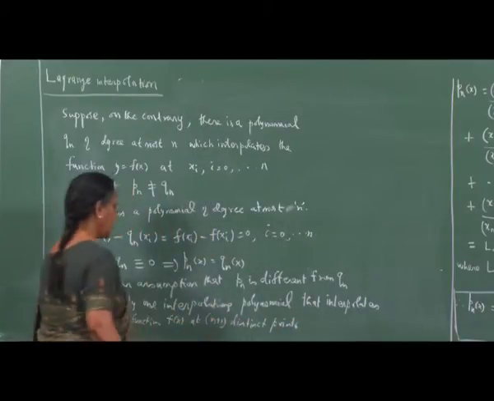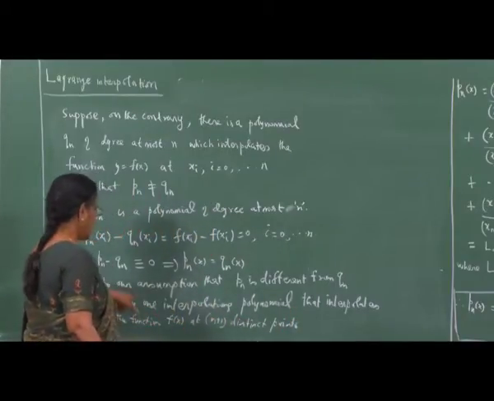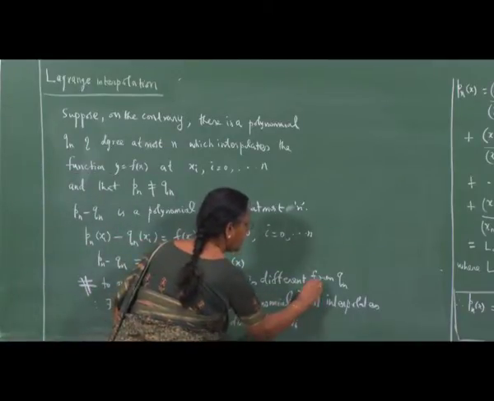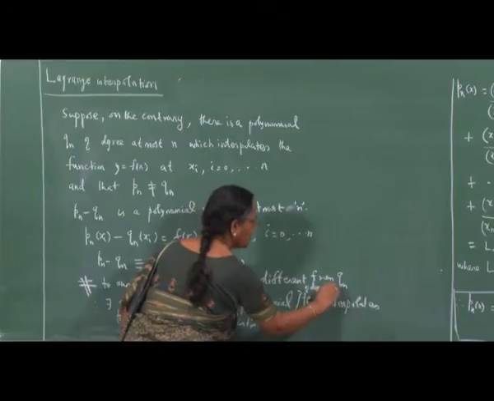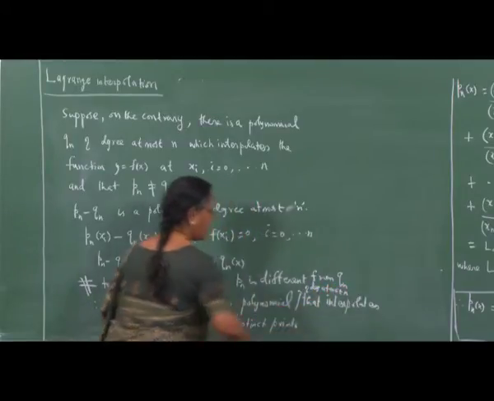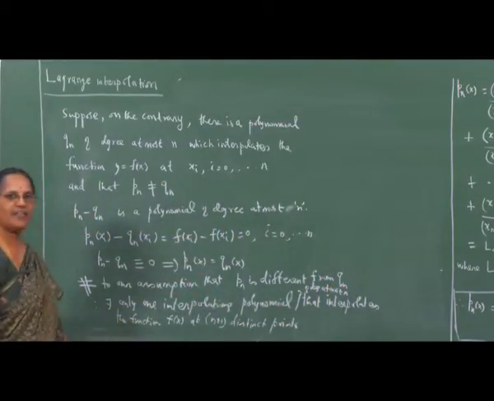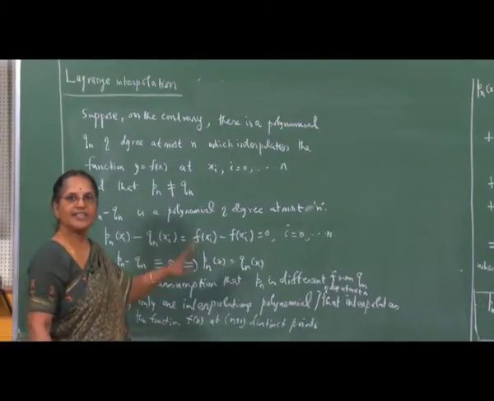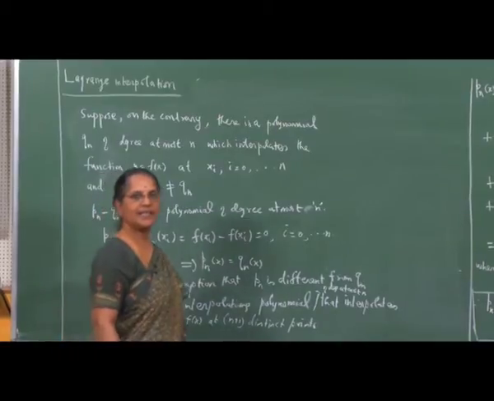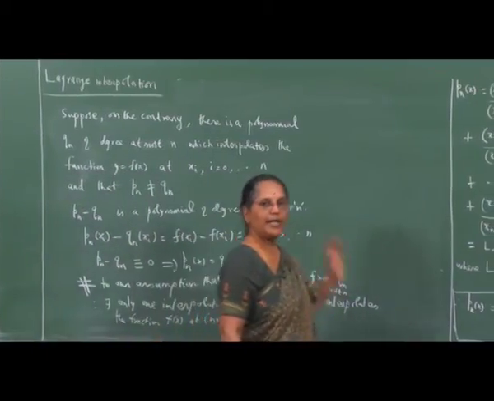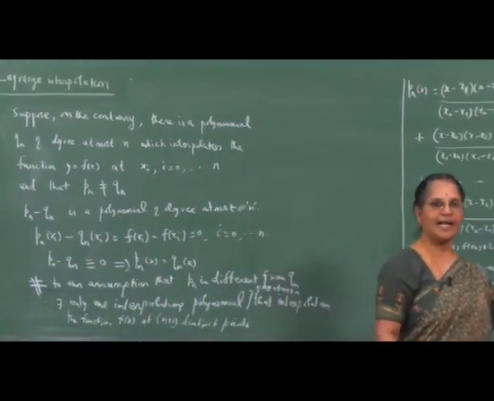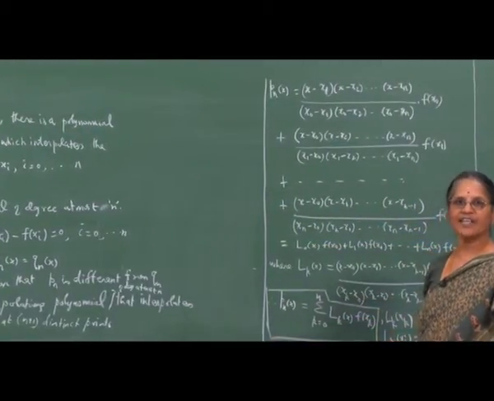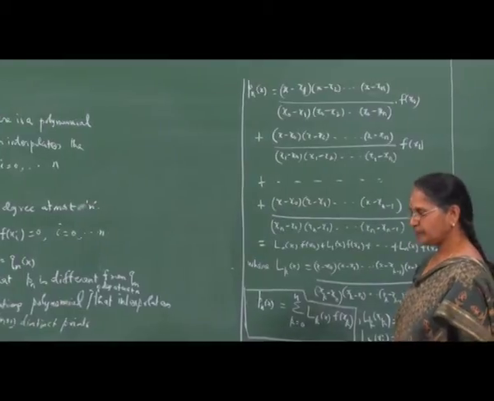So, I can also say there exists only one interpolating polynomial of degree at most n that interpolates the function f of x at n plus 1 distinct points, and this completes the uniqueness of the interpolating polynomial, namely Lagrange interpolating polynomial that interpolates the function at a set of discrete points.